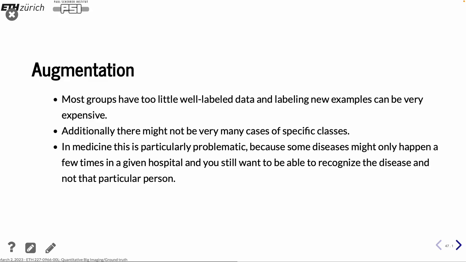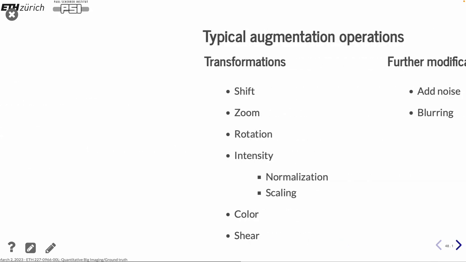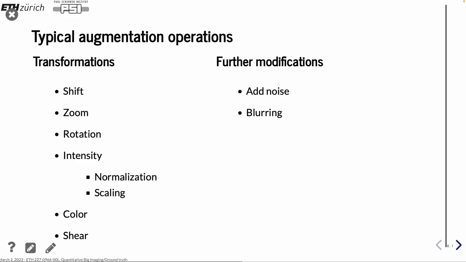We increase the intensity, we rotate, we move around, change colors, shear it, and we can also add noise to the data, different signal-to-noise ratios. We can also add blurring to simulate different acquisition conditions, different resolutions. So all this is what you can do with your data.